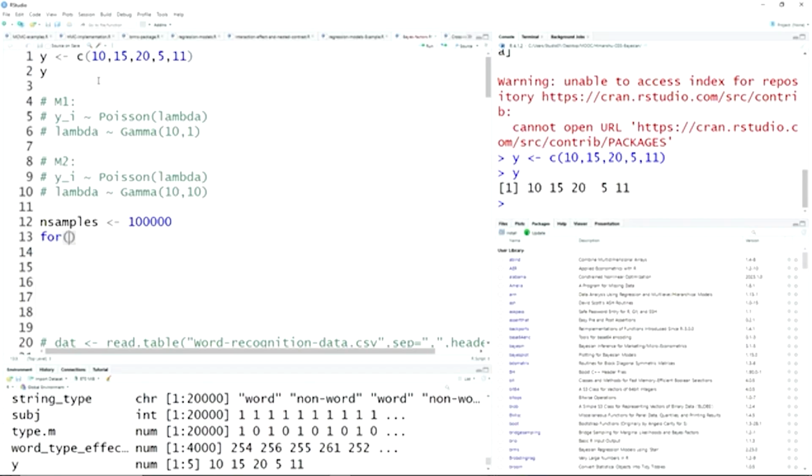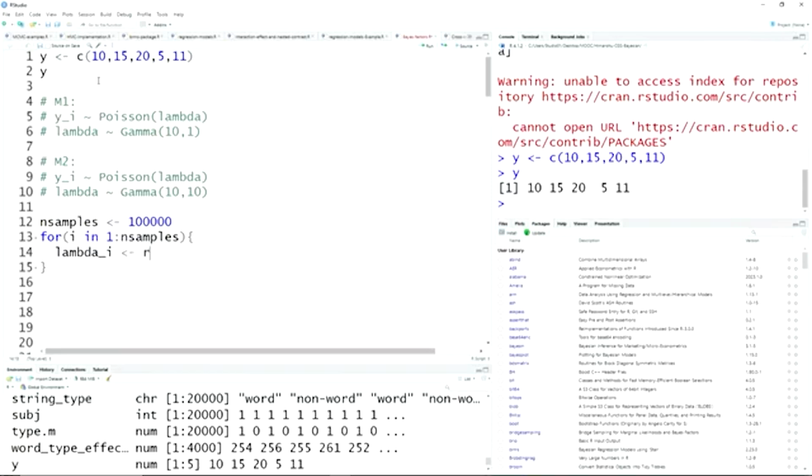Okay, what are we going to do? We can run a loop from i in 1 to the number of samples. Okay, and in each iteration we would generate a proposal. So we'll generate a proposal lambda, let us call it lambda i. From where? From some importance density.